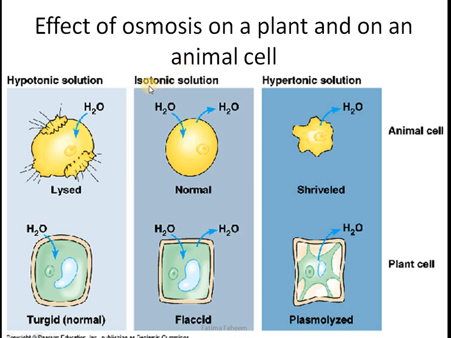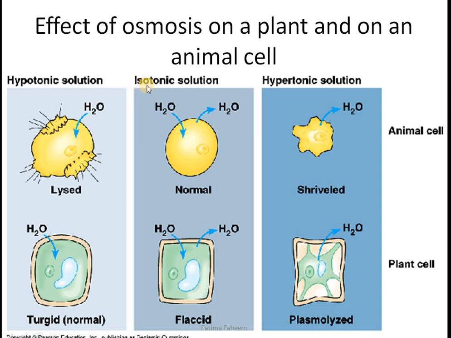This solution, labeled as isotonic solution, is one in which the water potential is similar to that of the cell. Let's say there was 40% water inside the cell, and 40% water is present outside the cell.